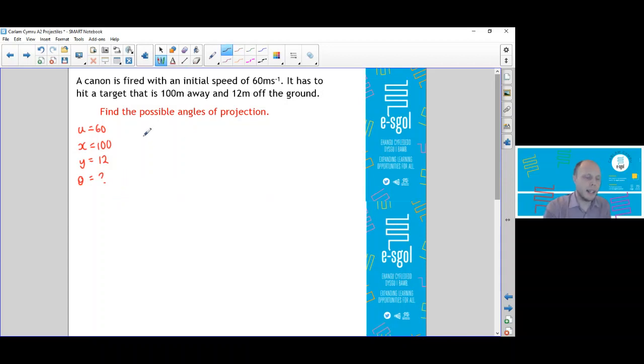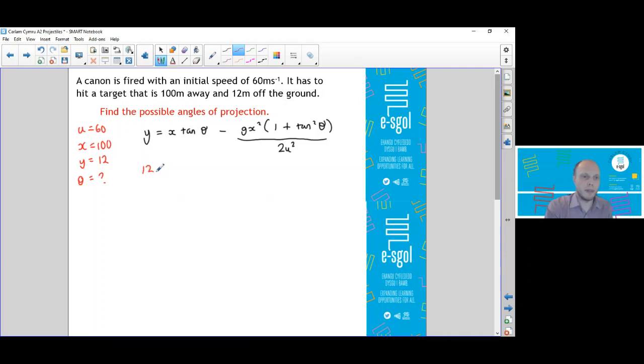So let's get the equation of the trajectory in a format that lets us find theta. That's y equals x tan theta minus g x squared times 1 plus tan squared theta, all over 2u squared.